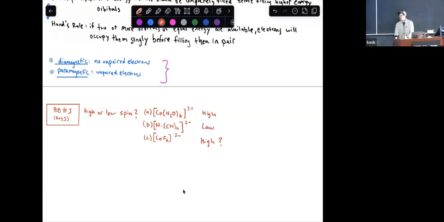Anybody get anything the same or different? Any different answers? Yeah, I got low, high, high, just because H2O is a weaker ligand. Oh, high for which one? Sorry, so low and then high. So A is or B is high. That's the, A is low.